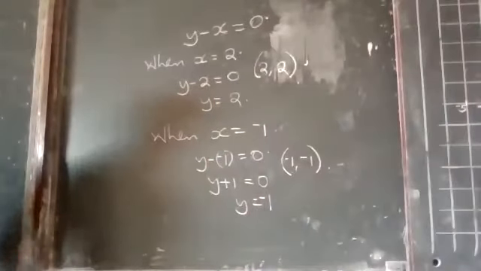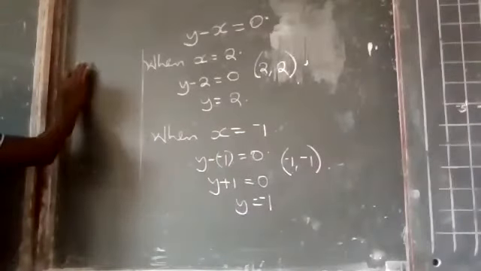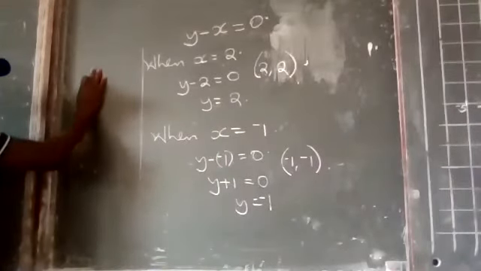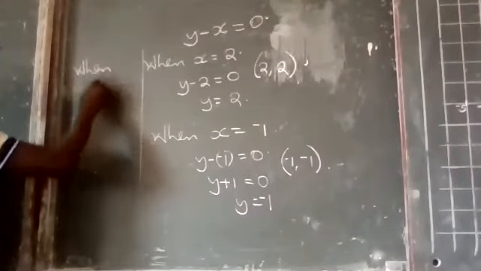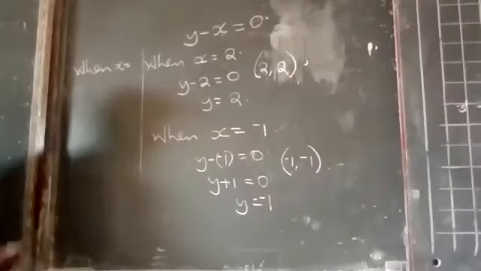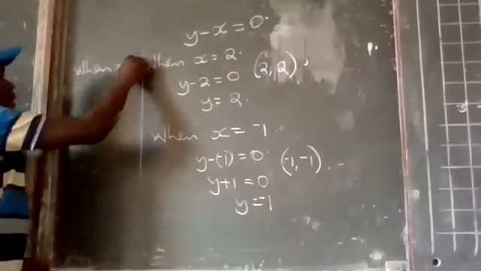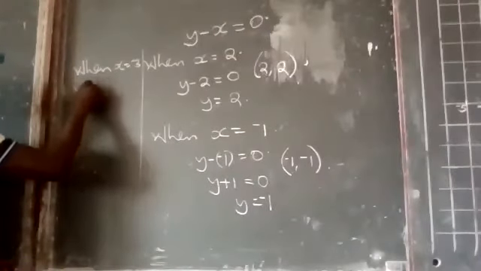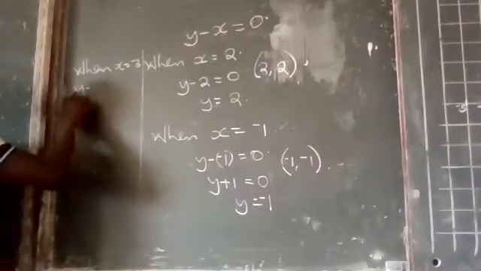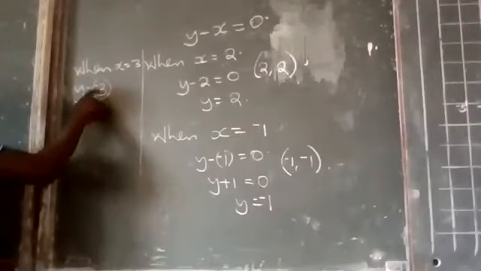I look for the third one. Mr. Sada, are you able to see here? Yes. I look for the third point and say, when x is equal to which value, Mrs. Kisambu? You can say negative 3. When x is equal to negative 3, it will be y minus negative 3, and I put it in brackets because it's negative.